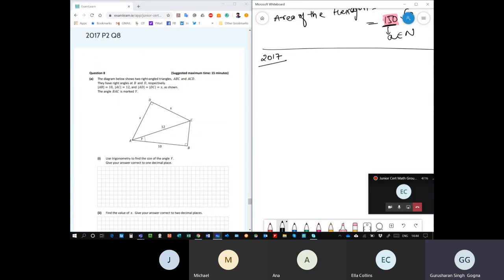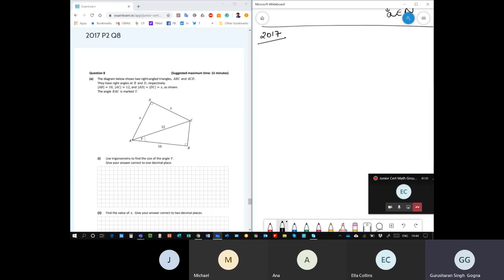So I'm trying questions based on their difficulty level. Instead of jumping into, this is question number 8, again paper 2. You can see that the diagram is given. 12, that's angle y, 10.